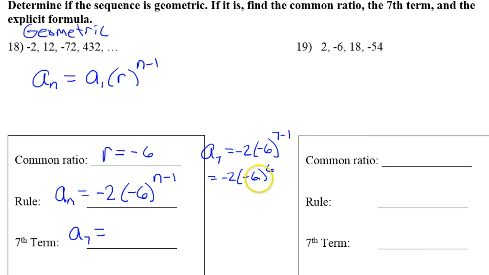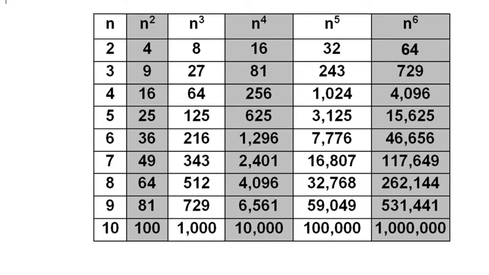So, do I multiply first? No. Exponents come before multiplication. So I need to do negative 6 to the 6th power. I'm going to keep this negative 2 for now. So consult your table. 6 to the 6th power is 46,656.